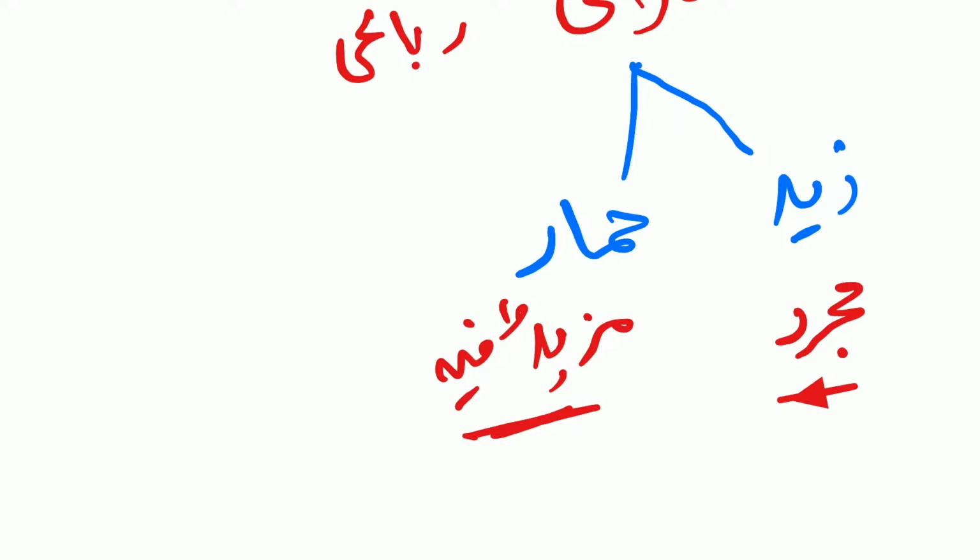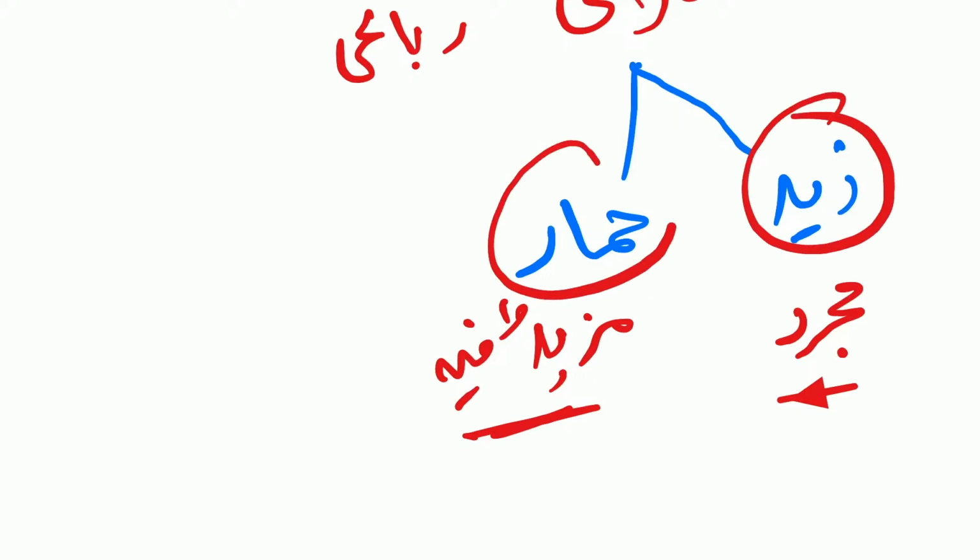And thulathi mazidun fih is that thulathi where there are 3 basic letters, fa, ain and lam, and there is 1 extra letter also, or 2 extra letters also. But the basic letters are only 3. Huruf asliya is only 3. So thulathi is divided into thulathi mujarrad and thulathi mazidun fih. Example, you remember Zaidun and himar.